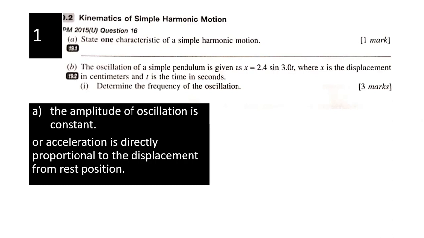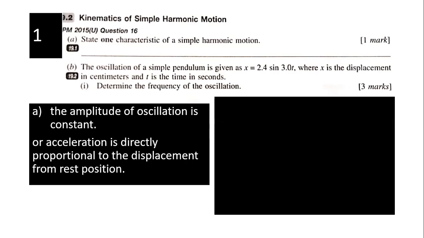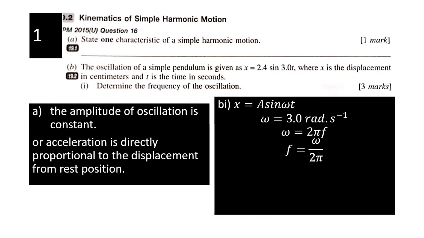Omega is 3.0, so the answer is 3.0 over 2 pi, which is 0.477. Compare with the standard equation, then you know what omega is. f equals omega over 2 pi, then omega is 2 pi f. Put in your equation. Okay, good.